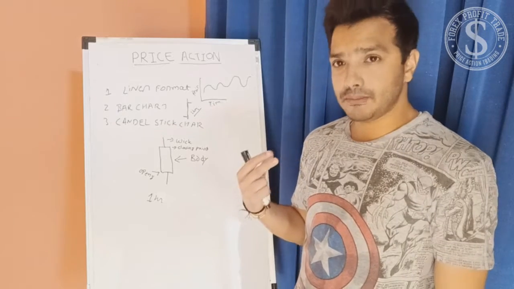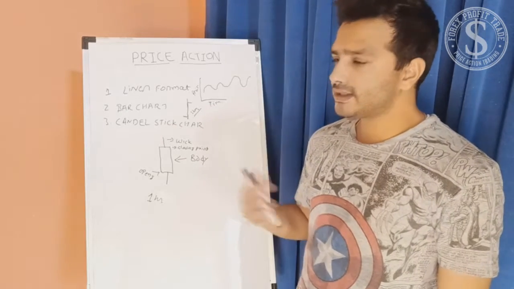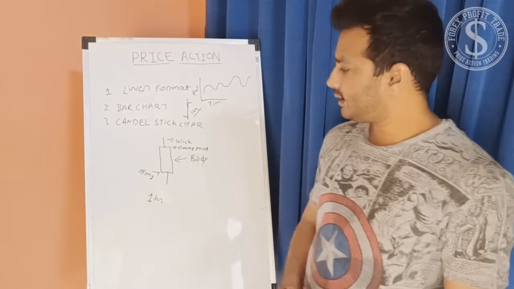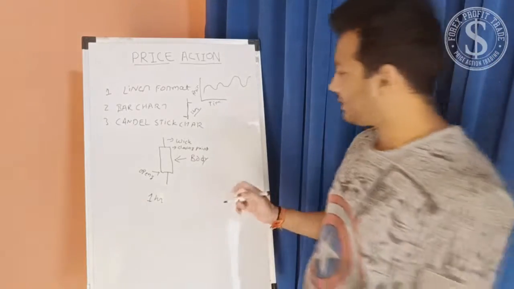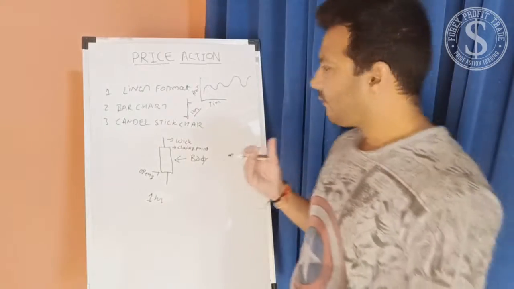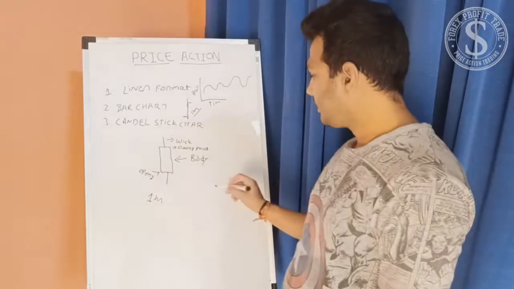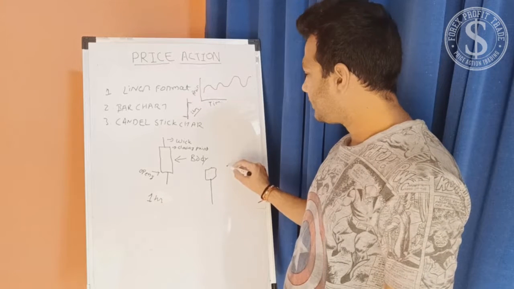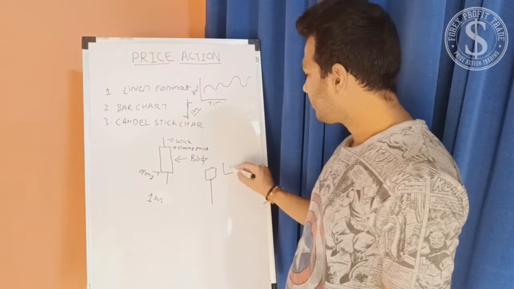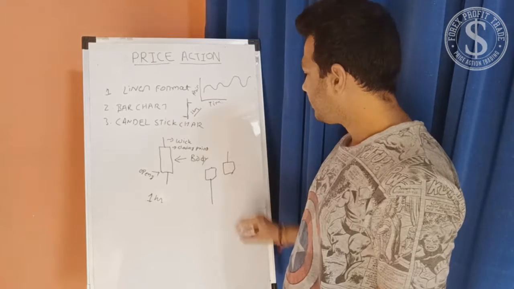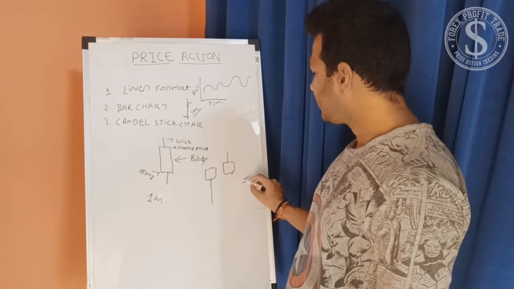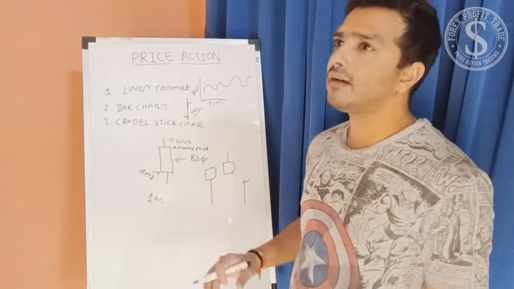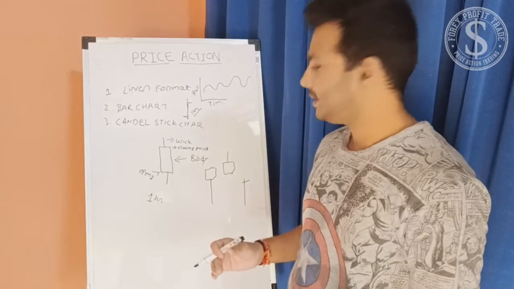Candlestick patterns give us a lot of information when it comes to trading, and it forms different kinds of patterns. The famous ones are a hammer, also a pin bar, gravestone doji, shooting star, rising star, morning star.